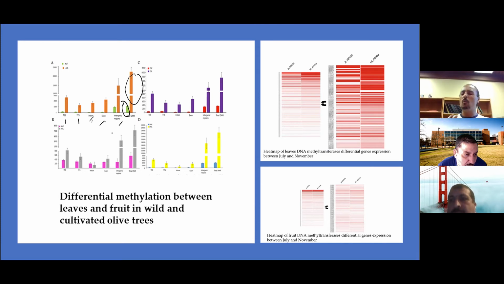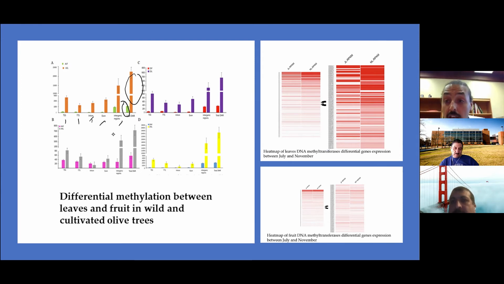So why do we have more methylation in the leaves than in the fruit? To answer this, we looked at the gene expression of the methyltransferases. The methyltransferases are the enzymes or the genes that methylate the DNA. So we took the methyltransferases from the leaves, and we took the methyltransferases from the fruit, and we compared the expression.